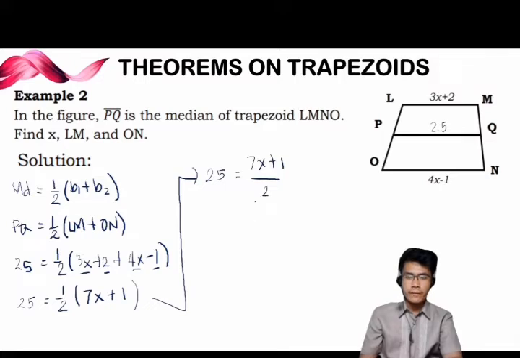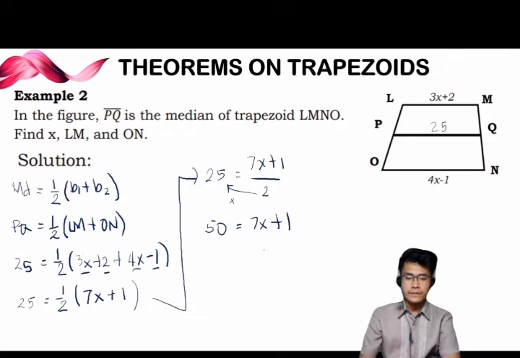A while ago, to simplify this kind of expression, we have a denominator on the right side. We multiply both sides of the equation by the denominator, no? This time, we will do the shortcut. All we have to do is cross multiply. So we cross multiply the denominator 2 to the left. 2 times 25 will become 50. So we have now 50 equals 7x plus 1.